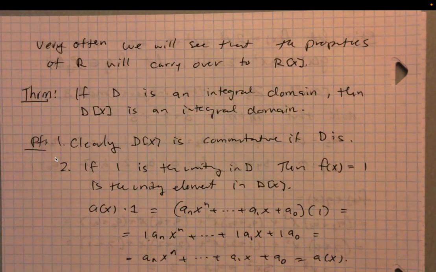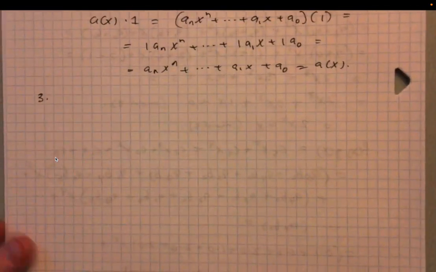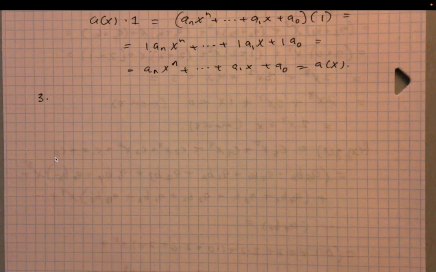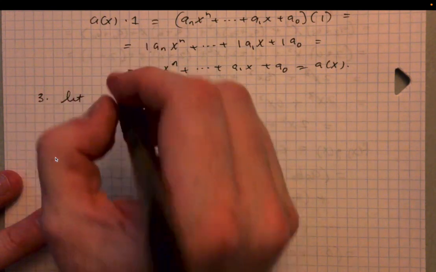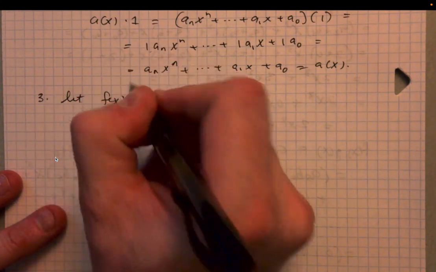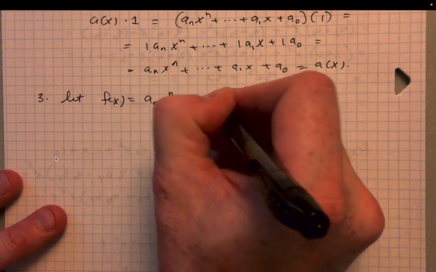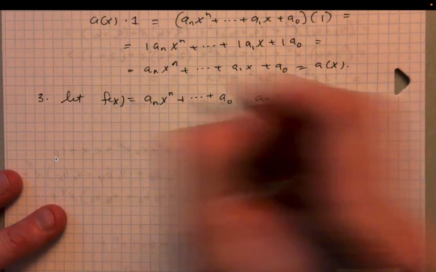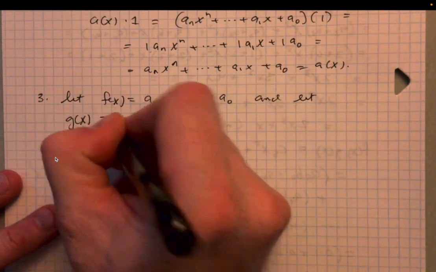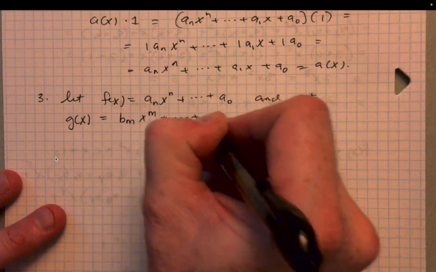And then the zero divisor question. So how would we show that there are no zero divisors in D of x? So let's let f of x equal a sub n x to the n plus dot dot dot plus a sub 0, and let g of x equal b sub m x to the m plus dot dot dot plus b sub 0.